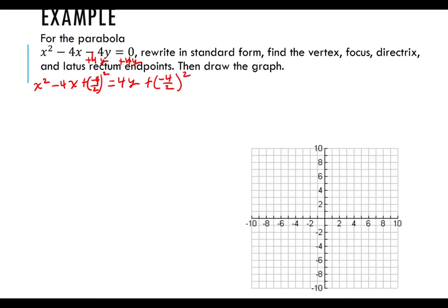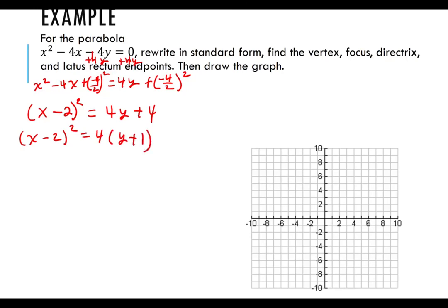So then what do we get? Well, this factors nicely as (x minus 2) squared is equal to 4y plus (negative 4 divided by 2 is negative 2, negative 2 squared is 4). So then I can factor further. This is then going to be (x minus 2) squared is equal to 4 times (y plus 1).